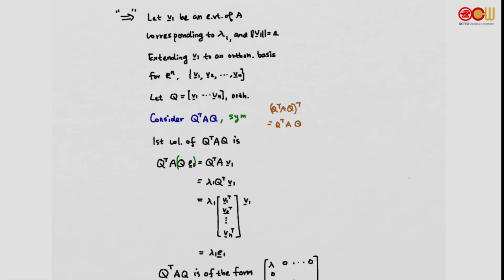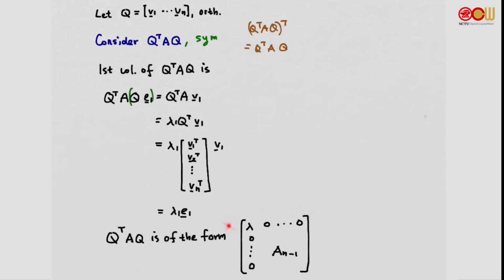The only thing that we did is suppose that v1 is an eigenvector, and we extend it to an orthonormal basis to get this Q matrix, and this Q transpose A Q matrix would be of this form.